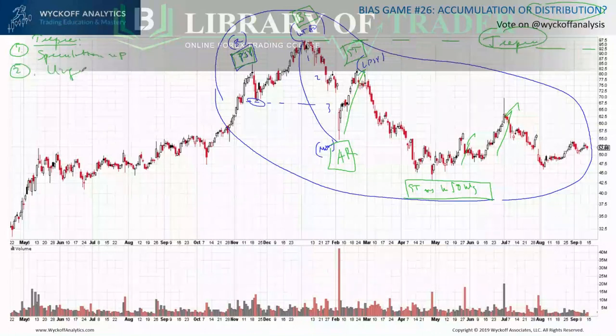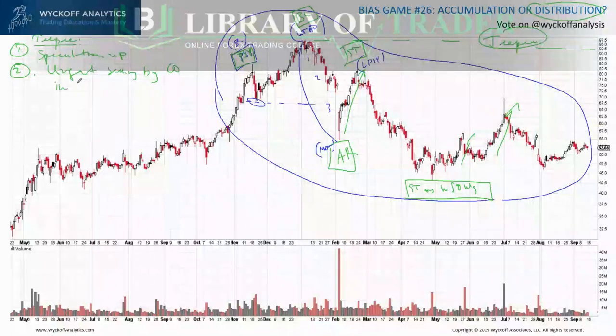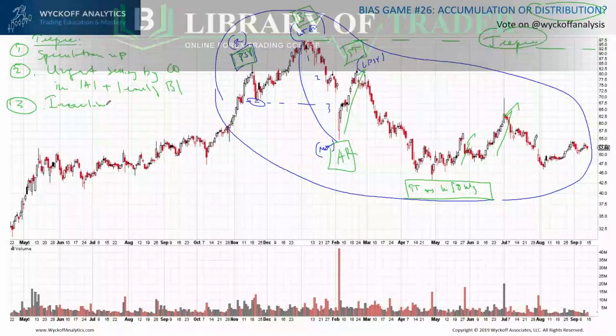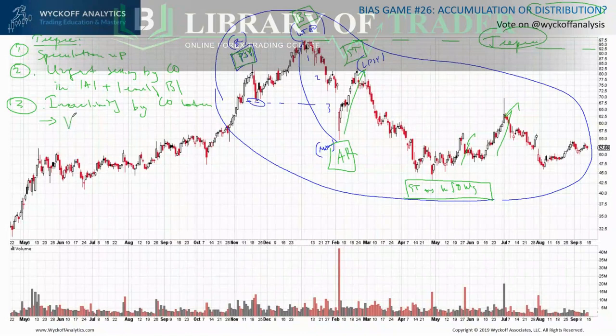Then urgent selling by the CO in phases A and early B. And then inactivity by the CO later, which brings us to the area where the volume generally will go down.